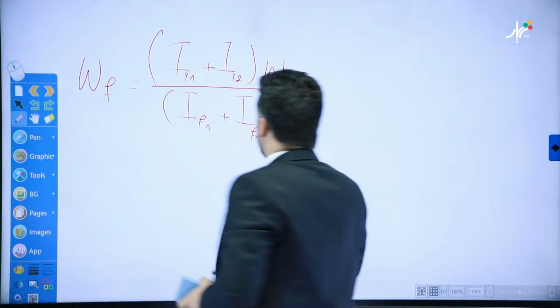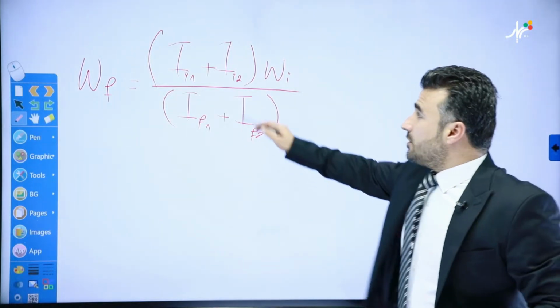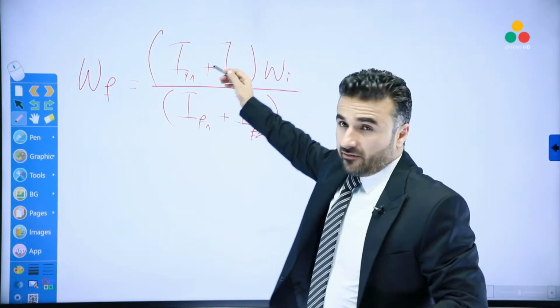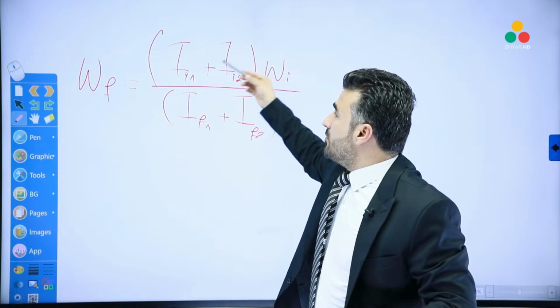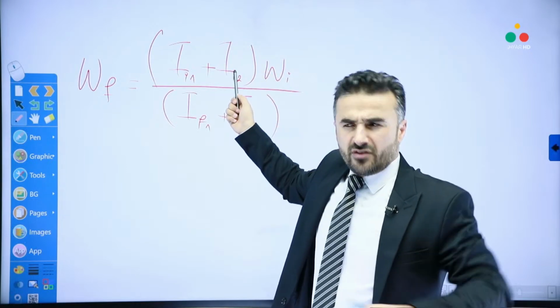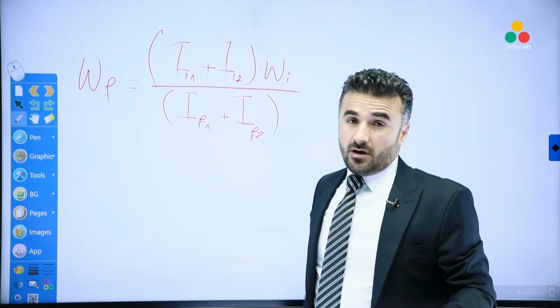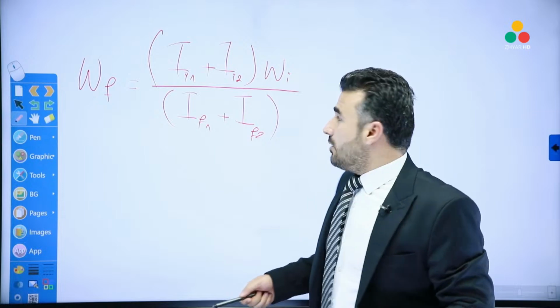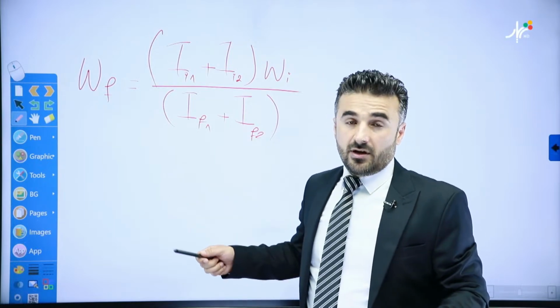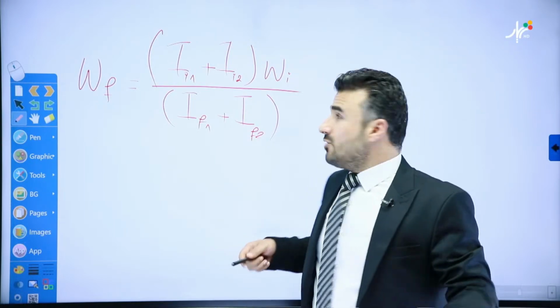Then of course, whichever object you're considering, whether it is 1 or 2, the object that is rotating will be the same for initial and final. The object that is being rotated will be different.